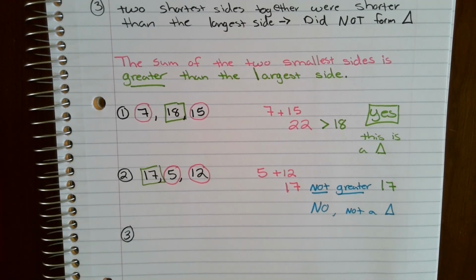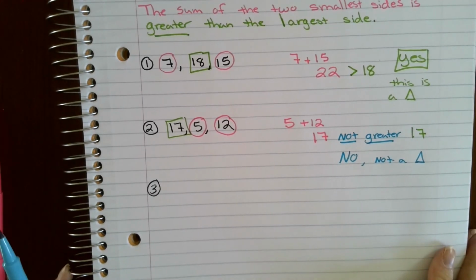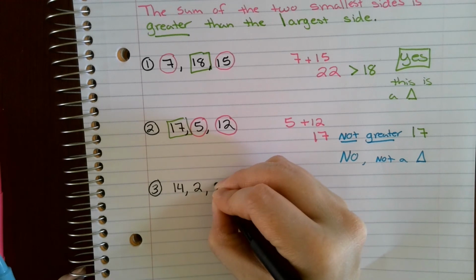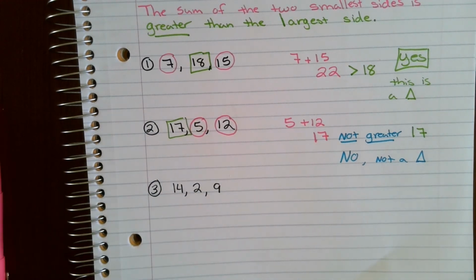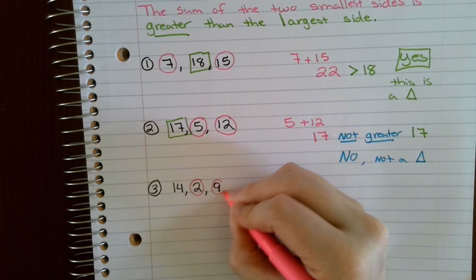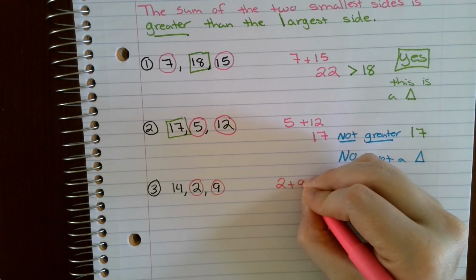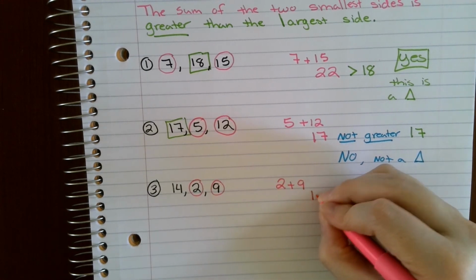Let's take a look at another example. We have 14, 2, and 9. So take the two smallest sides, 2 and 9. We're going to add them together, 2 plus 9. That's going to give you 11.